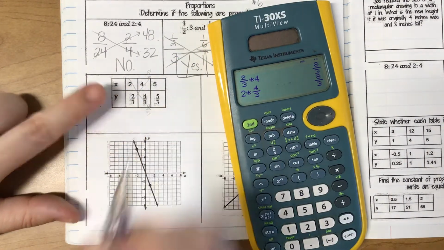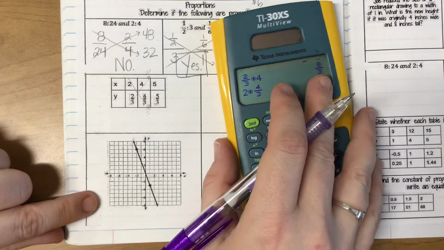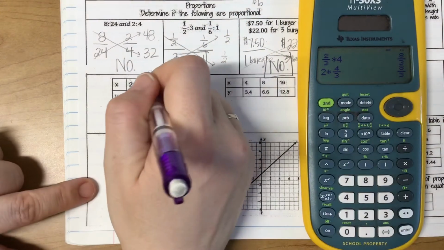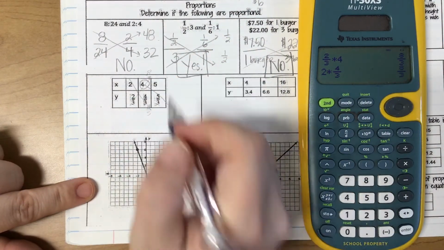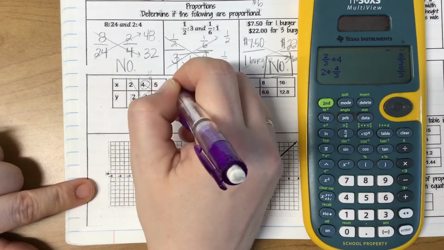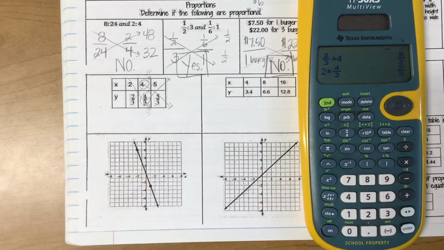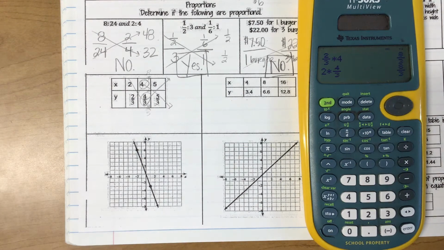8/3. Now I have to do it again. Do you agree? I have to take 4 times 5/3 and 4/3 times 5. I have to check all of them. Do not say, oh yeah, it worked once, if there are multiples.